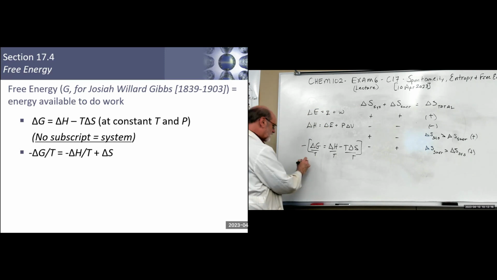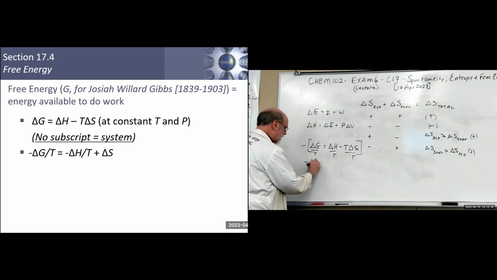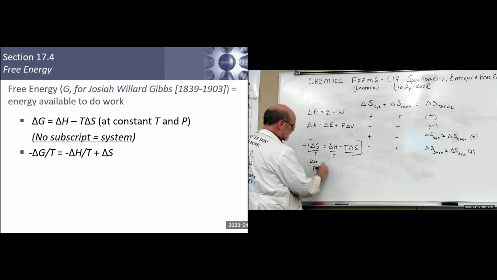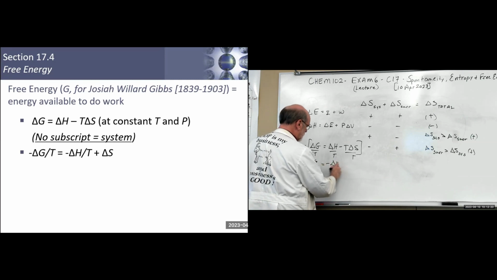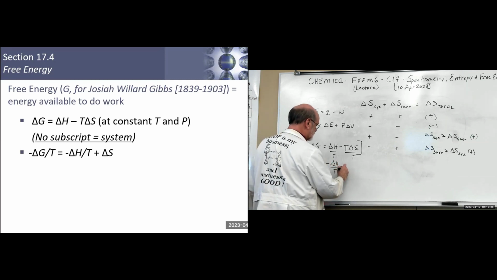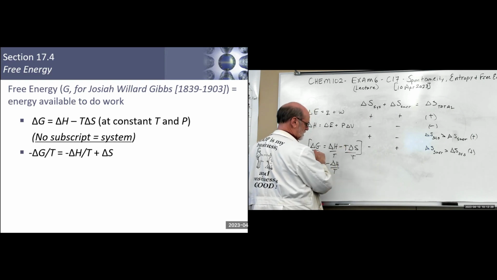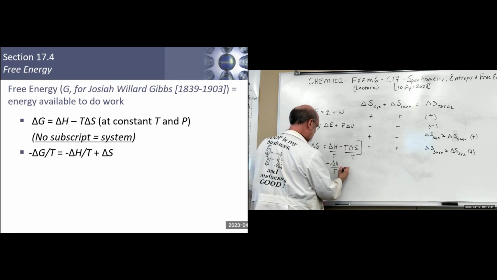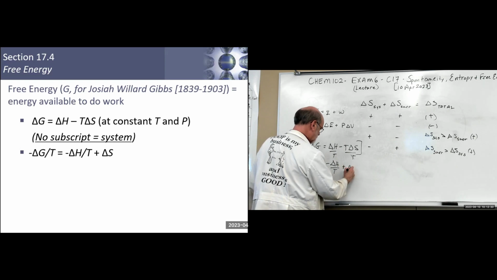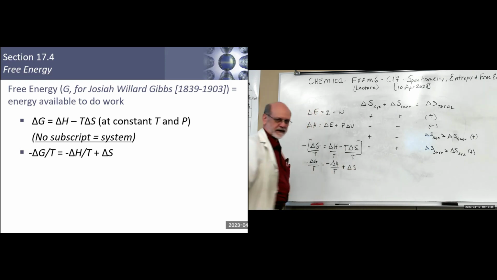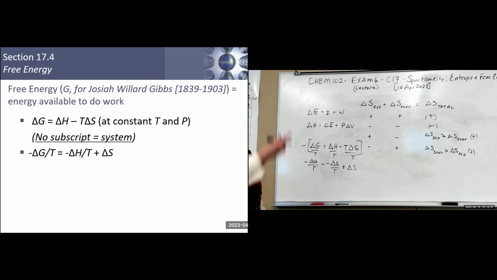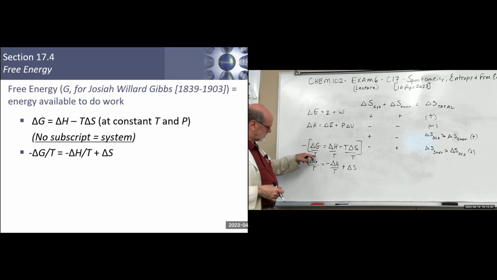If we do that, then this becomes negative delta G over T, and this becomes negative delta H over T, and the T's cancel, and this becomes a positive entropy. That's where that next equation came from. We did those two things, negative divided by T.